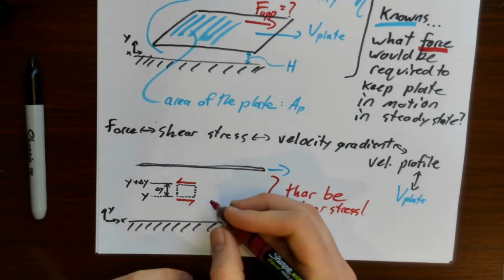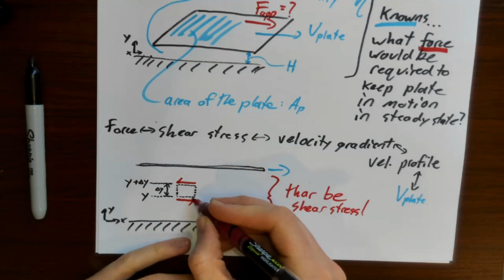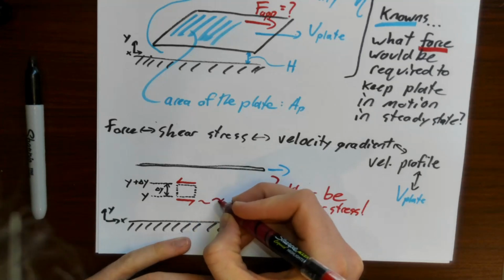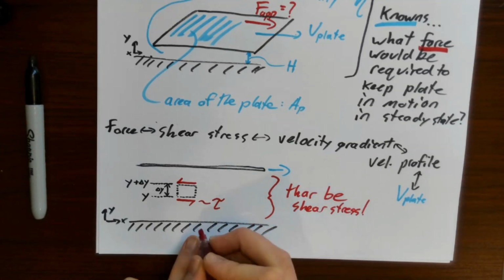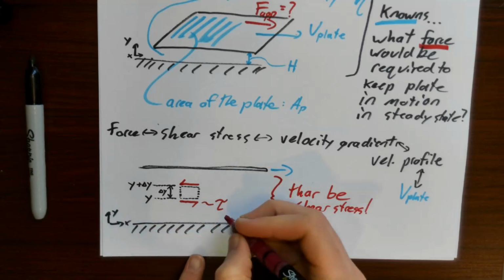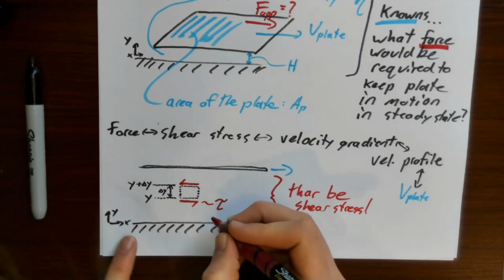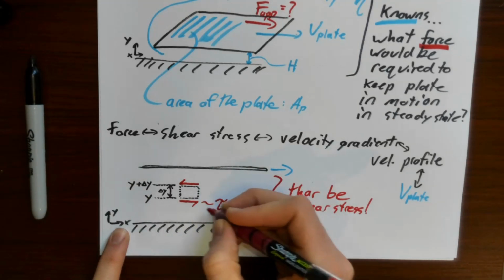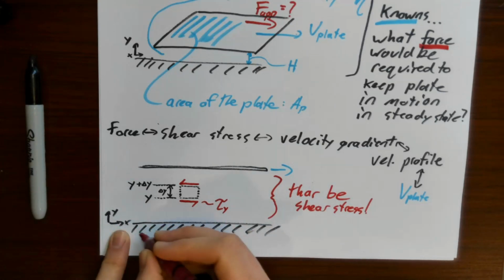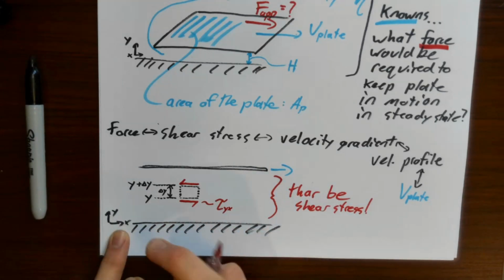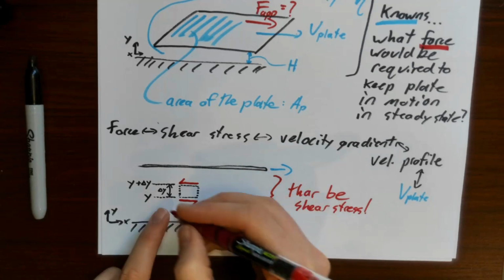So the shear stress on the bottom is tau, associated with forces in the x direction with a normal in the y direction. So this is tau yx, and it's at location y.